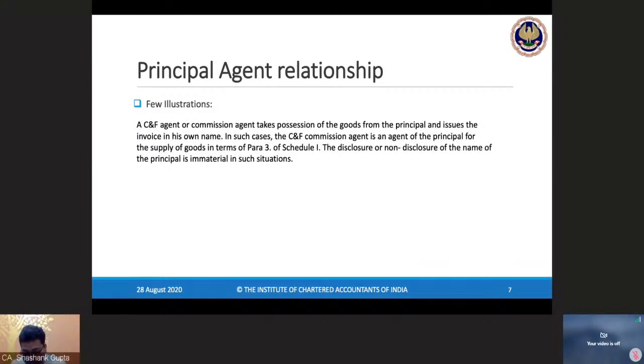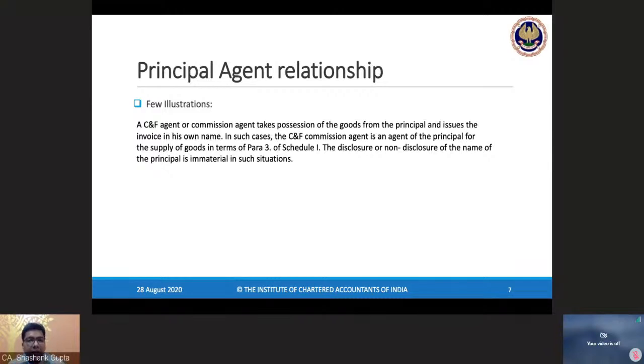So basically, this is that kind of principal-agent relationship wherein actually the ownership of the goods lies with the principal, but the agent is showcasing as if he's the person who is supplying goods, and the name of the principal may or may not be mentioned, doesn't matter, but there the agent is stepping up from his role of agent and showcasing himself as the supplier.